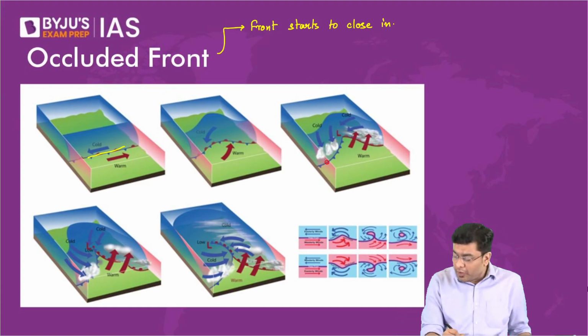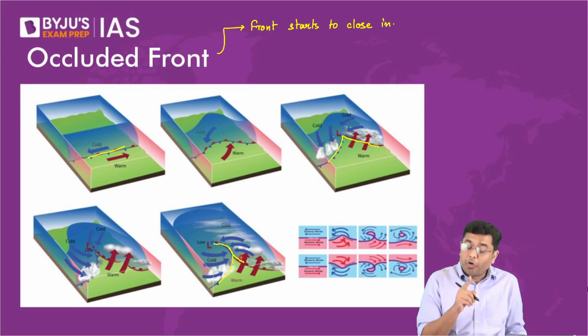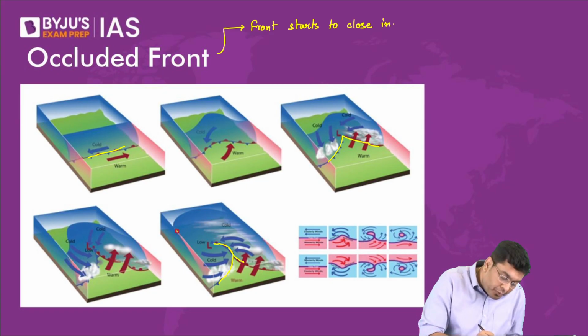And again you will observe that this is leading to a condition where the shape of the front in itself is getting deformed. Observe how the front then begins to close in from all sides.